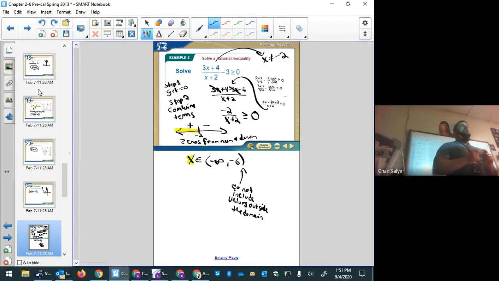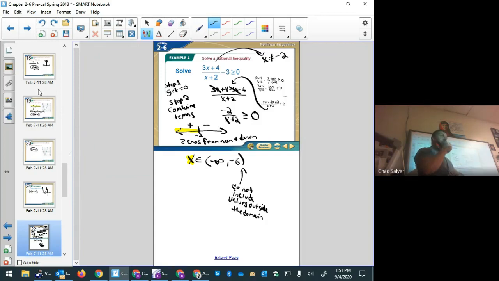All right, any questions about that one? There is an often missed test question where one of the multiple choice answers is to include a boundary that should be excluded because of this reason.